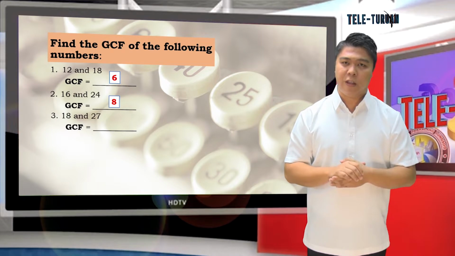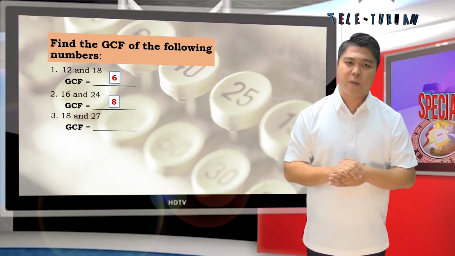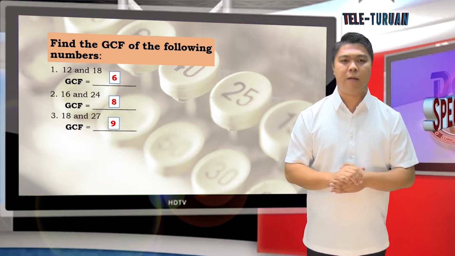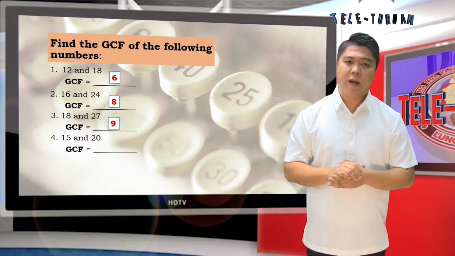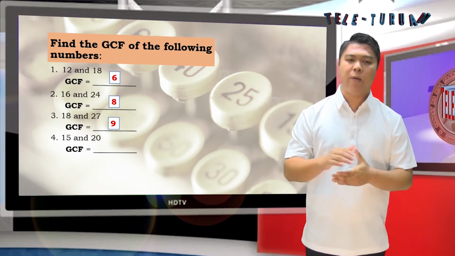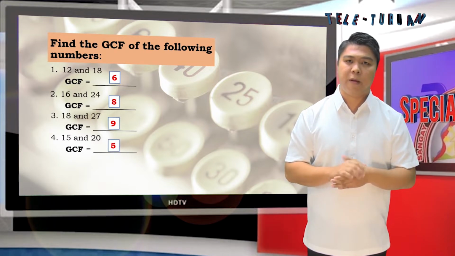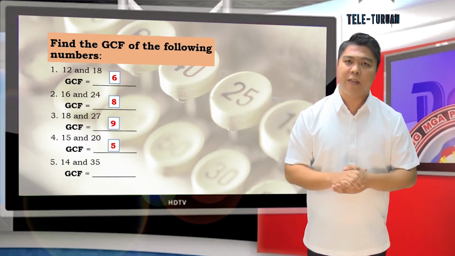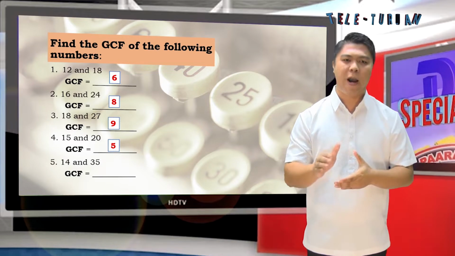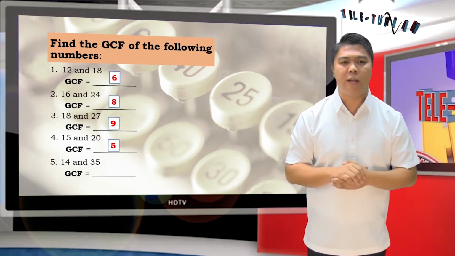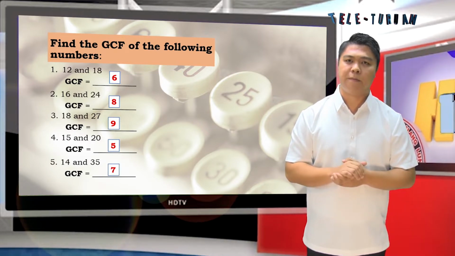Very good. The GCF of 18 and 27 is 9. Number 4, 15 and 20. Very good. The GCF of 15 and 20 is 5. Number 5, 14 and 35. Correct! The GCF of 14 and 35 is 7.